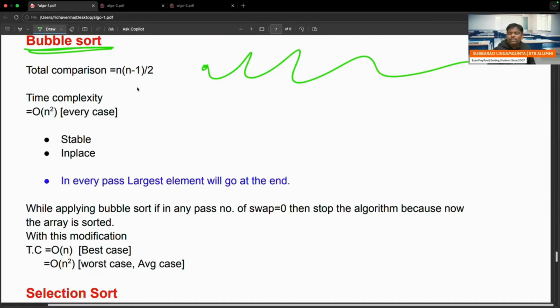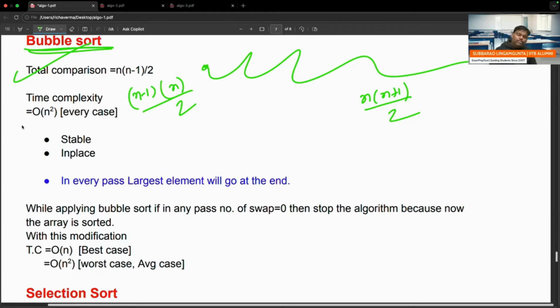Here it is the sum of n-1 natural numbers, so in place of n keep n-1: n-1 into n by 2. These are the total number of comparisons for bubble sort.